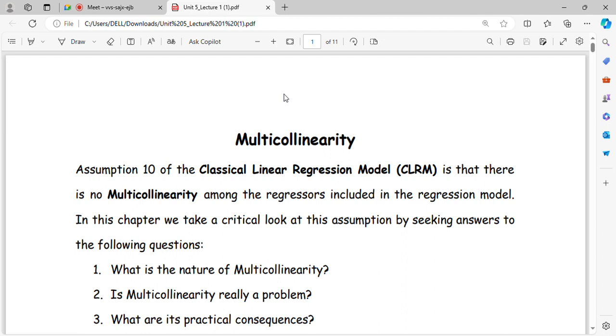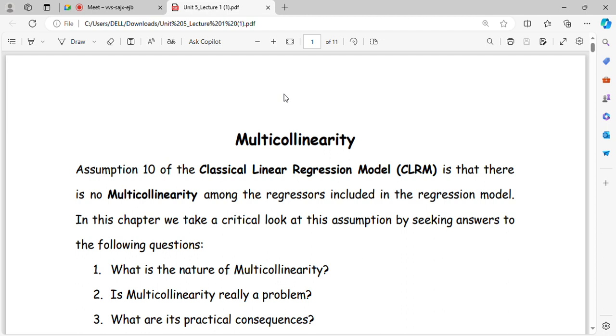That means there is no collinearity between x1 and x2, or x1 and x3, or x1 and xn. So assumption 10 of the classical linear regression model is that there is no multicollinearity among the regressors, that means the x variables included in the regression model.